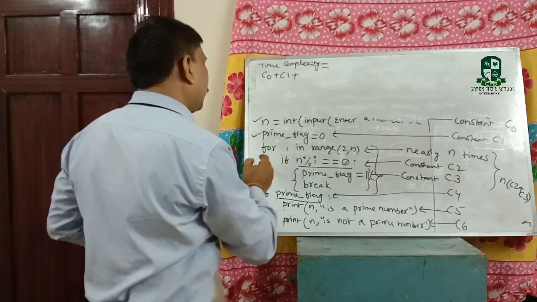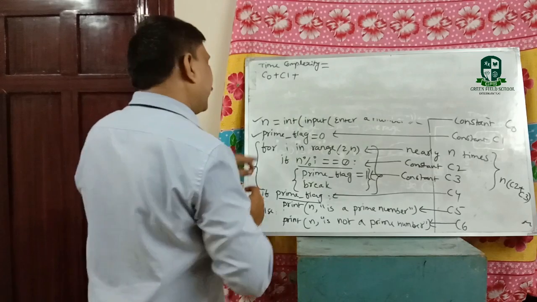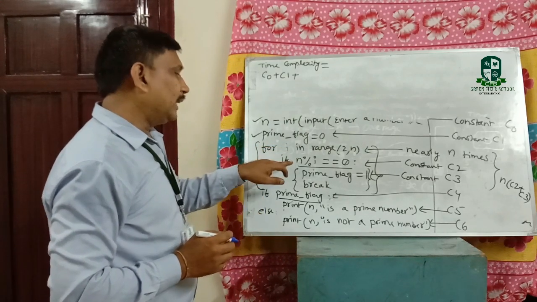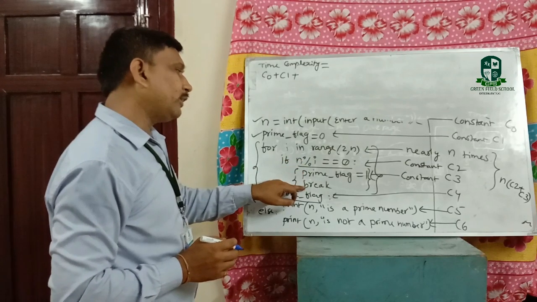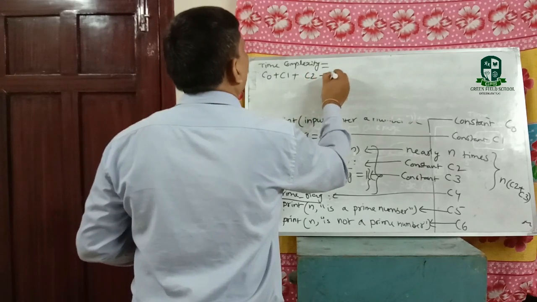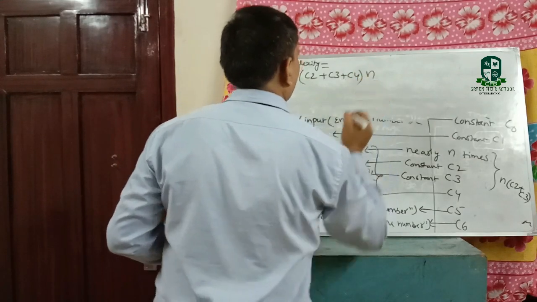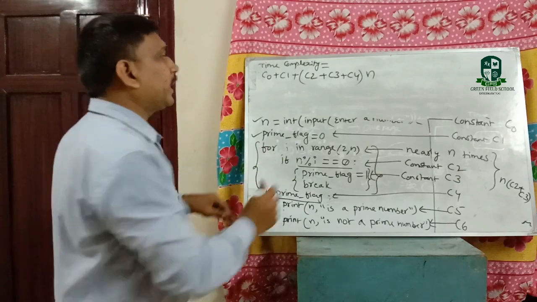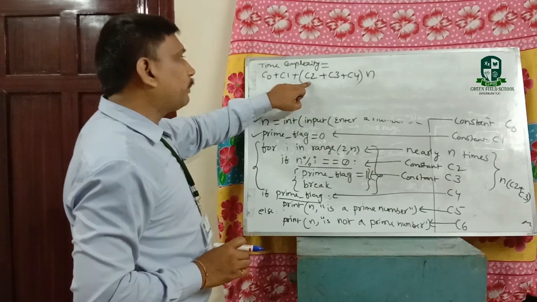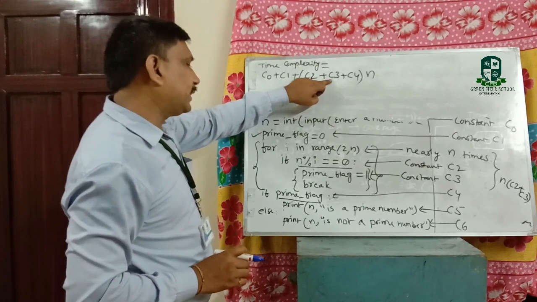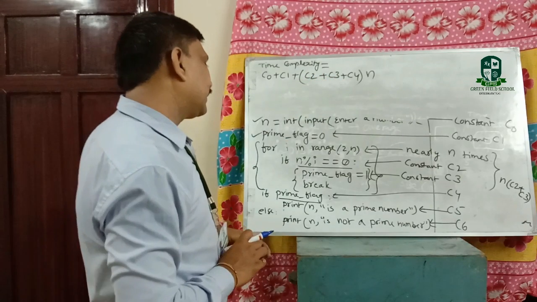Then when we consider this for loop, the time taken is n times, repeated, and the body is C2 plus C3. The for loop is repeated n times, and the body of the loop consists of the if statement condition C2, and prime flag set to 1 and break statement considered as C3.